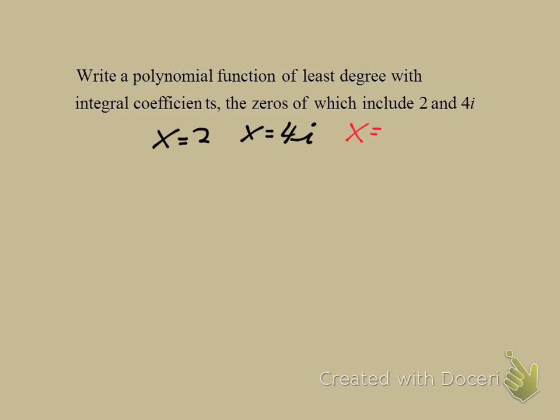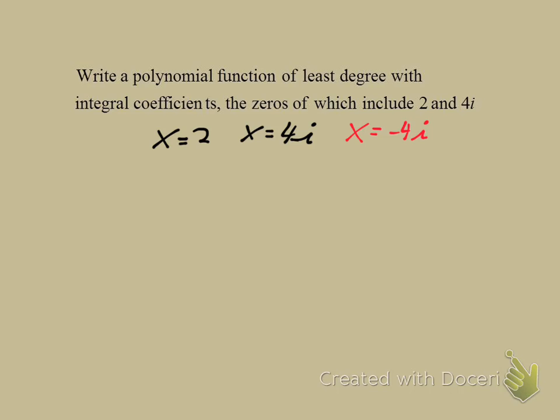Negative 4 what? Negative 4i. So, you make sure if you see one that's i, you add the negative one. Or if I give you the negative one, you give me the positive one. Either way.